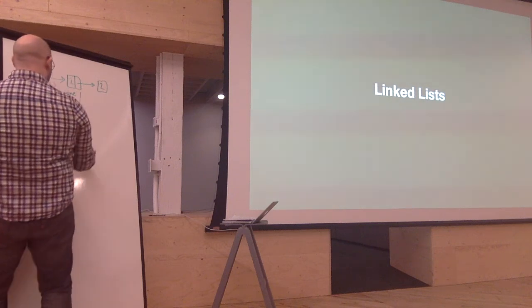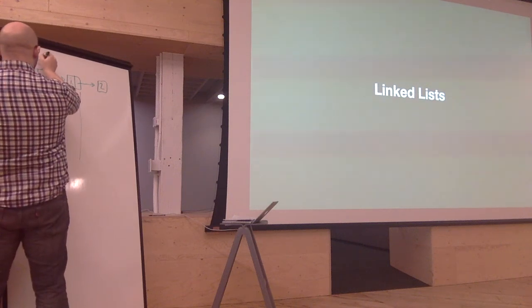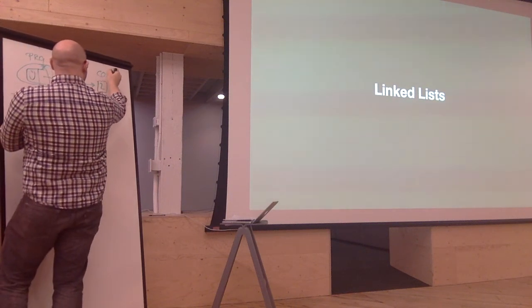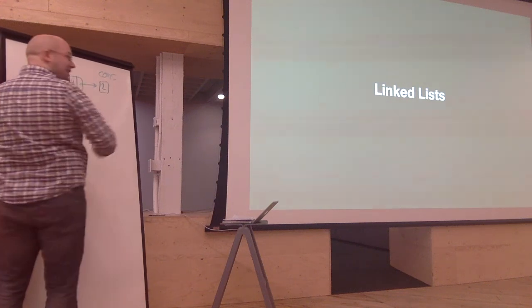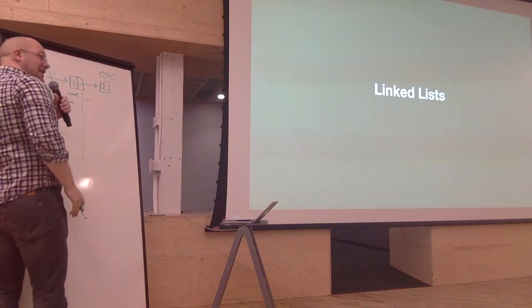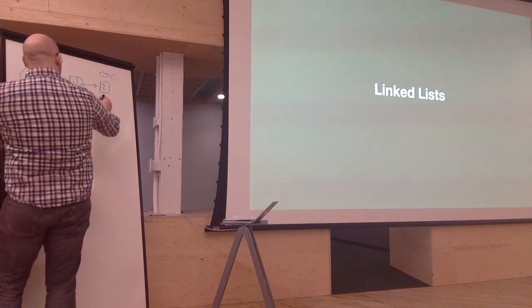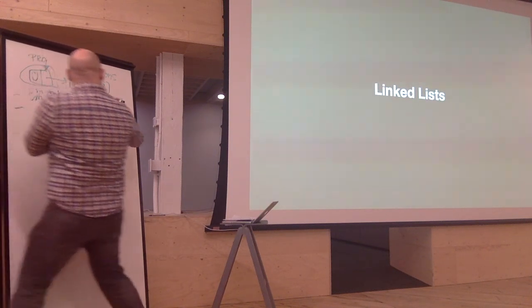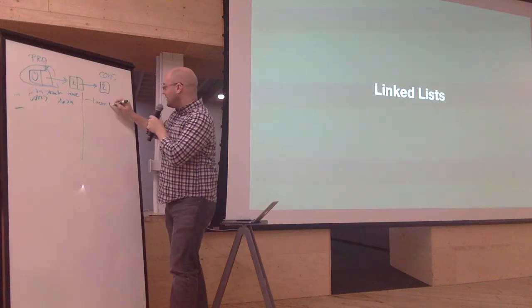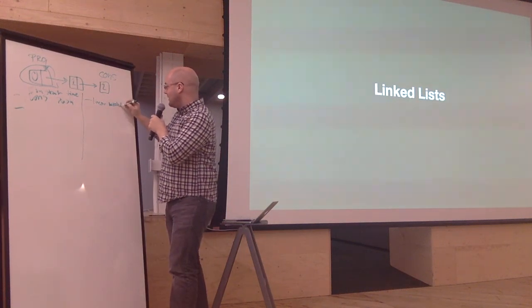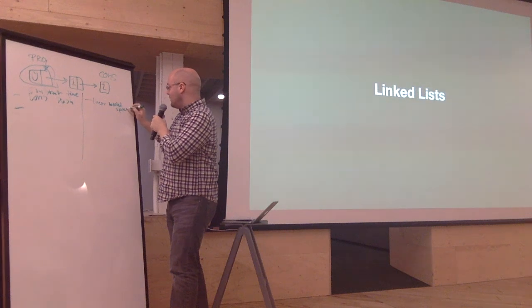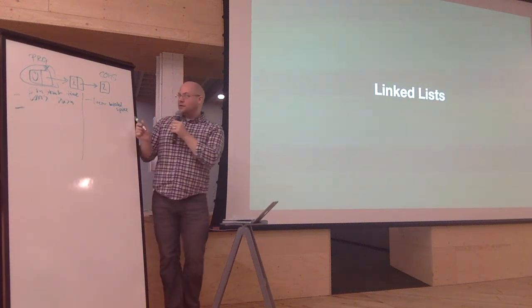Actually, let's have both a pro side and a con side. And we're going to put that on the con side because we'd like to do better, right? So we have linear wasted space. This is going to be impossible to read, I'm sorry. And that's a con of our cons list.